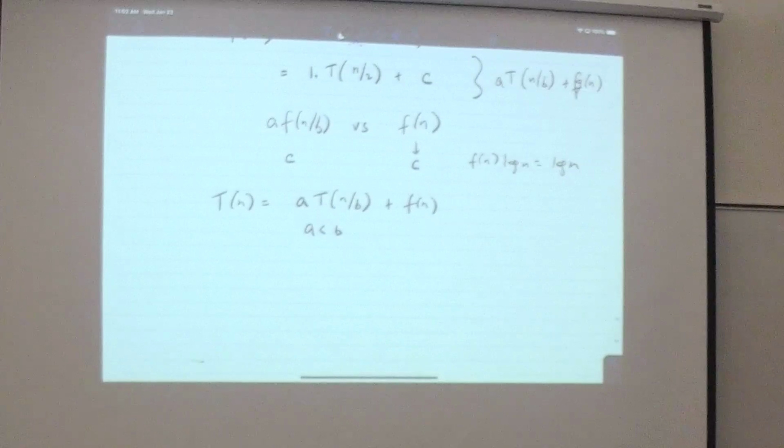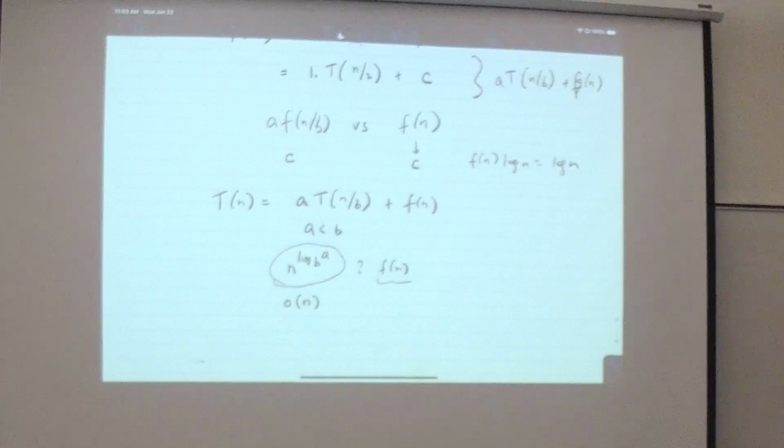And if you remember how this recurrence is supposed to work, roughly speaking, the divide step dominates if you look at the expression n to the log of a base b versus f(n). These are the two terms you're essentially comparing to see which one is more dominant, the divide or conquer. And since a is less than b, this term here is much, much smaller than n. It's strictly smaller than n. So all that happens is that the term f(n) is going to dominate your overall cost.